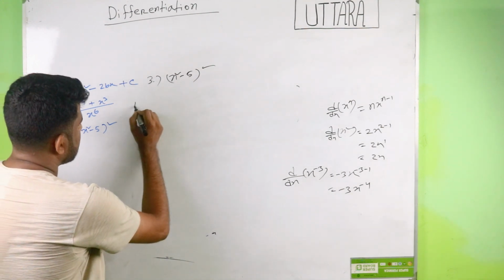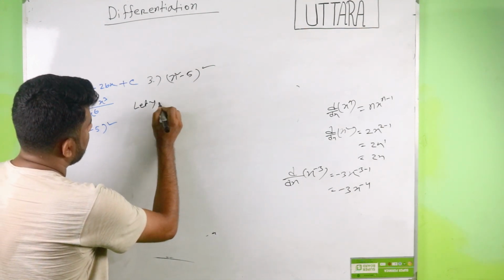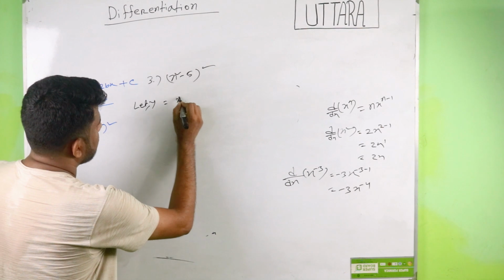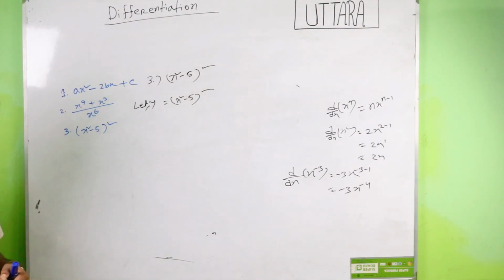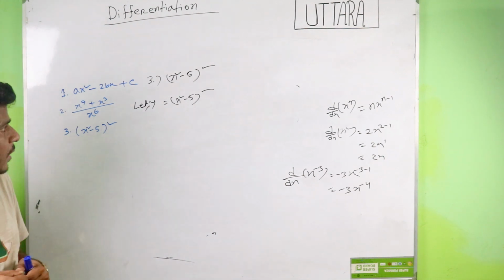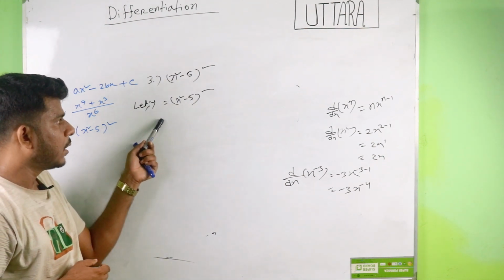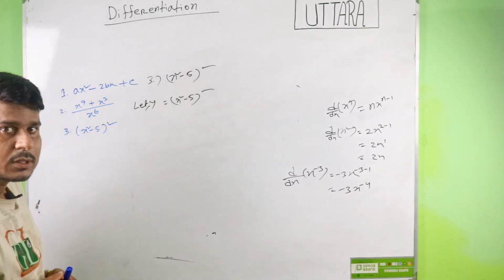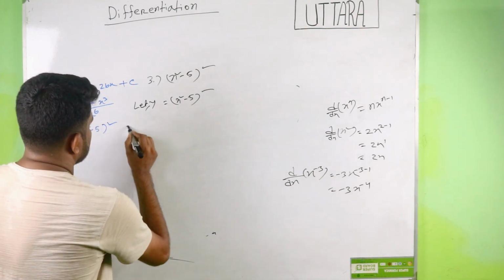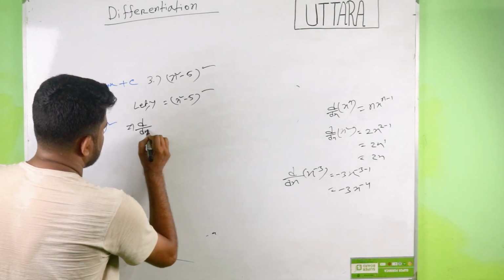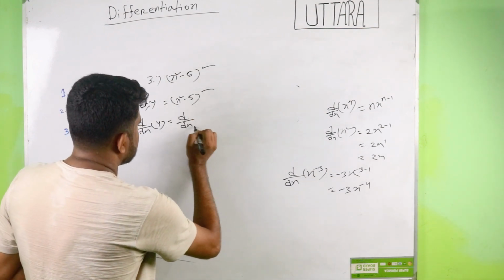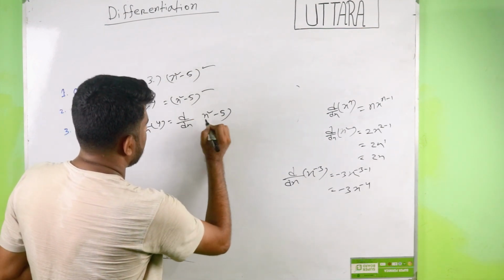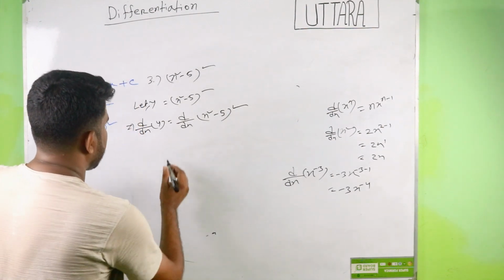So let y equal x square minus 5, whole square. We have to differentiate this with respect to x. So dy by dx is d by dx of x square minus 5 power 2.